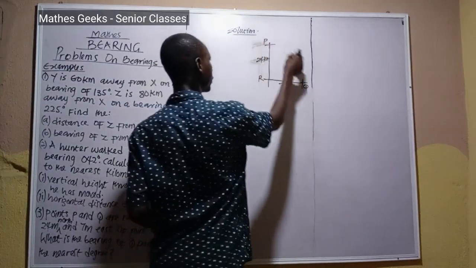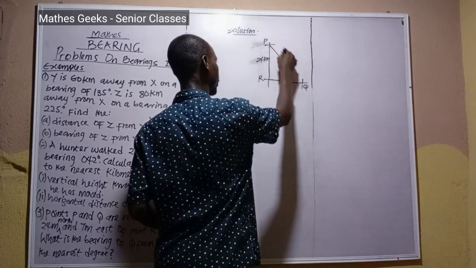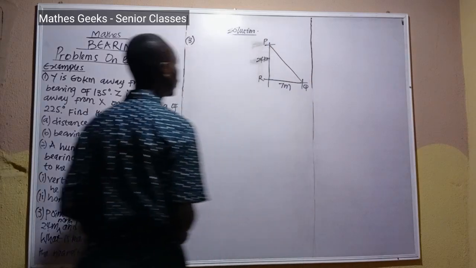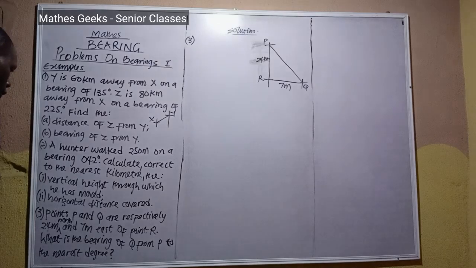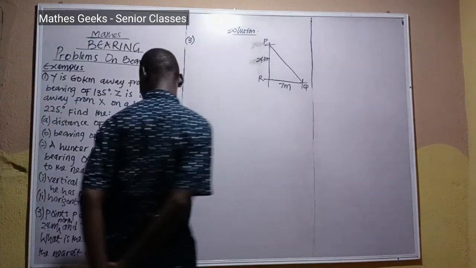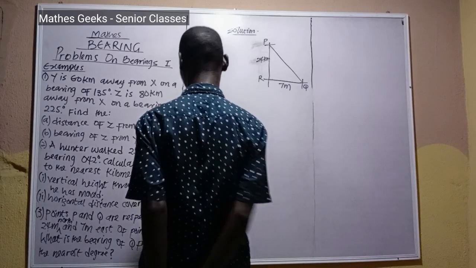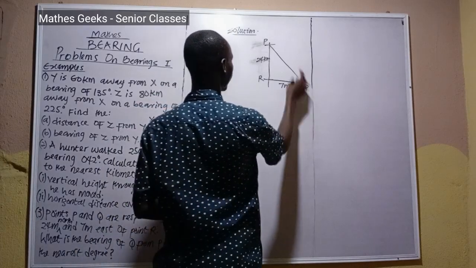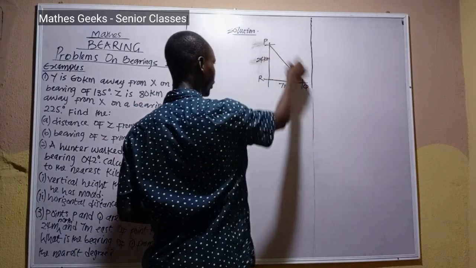And you join your points together. So that's it. Now the question says, what is the bearing of Q from P to the nearest degree? The bearing of Q from P would be, what's the line connecting P and Q? Is this line.